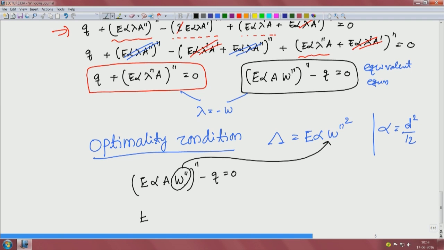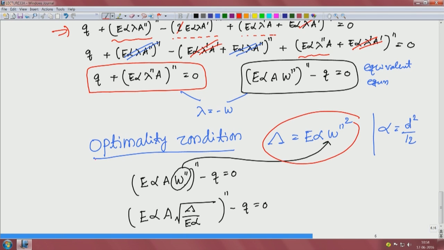So, if we do that, I get E alpha A into square root of lambda by E alpha, right. That is W double prime we substituted, and then double prime minus q equal to 0. So, even though there is no A explicitly over here in the optimality condition, it does come about when you put that into the equilibrium equation.